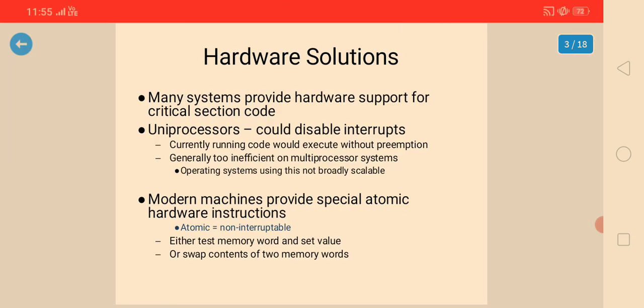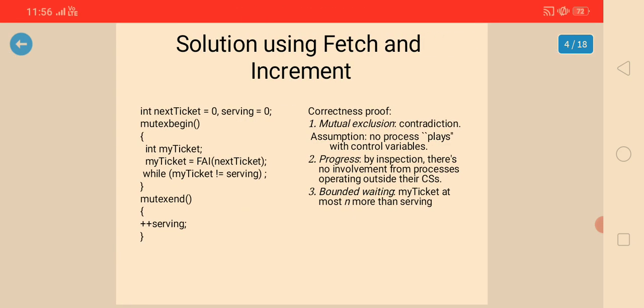Either test a memory word and set a value, or swap the contents of two memory words. These operations, test and set and swap, are used for hardware solutions.